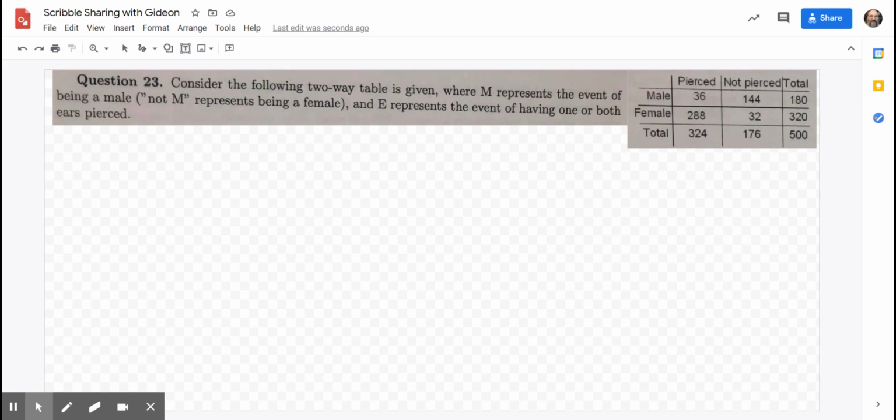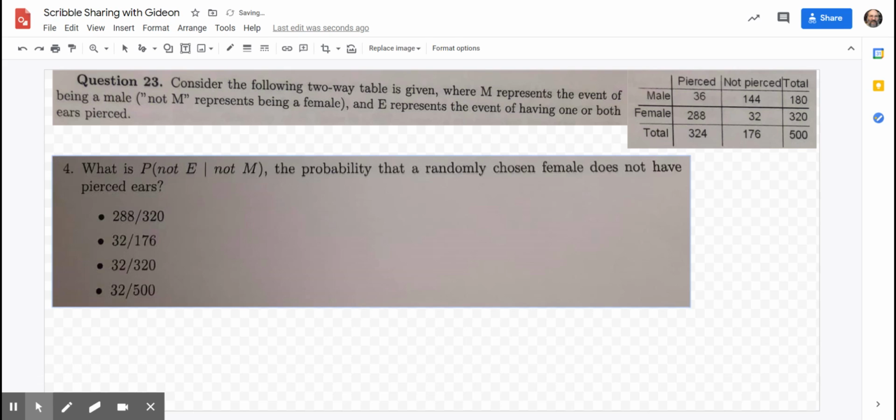And finally, we've got the last part of the question. This one finally asks, hey, what's the probability of this? We're no longer converting between symbols and sentences, but we're actually simply figuring something out.